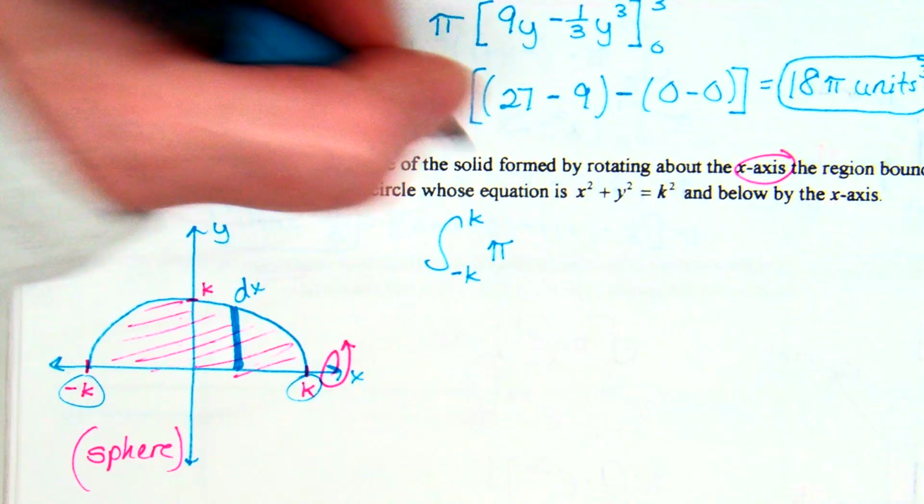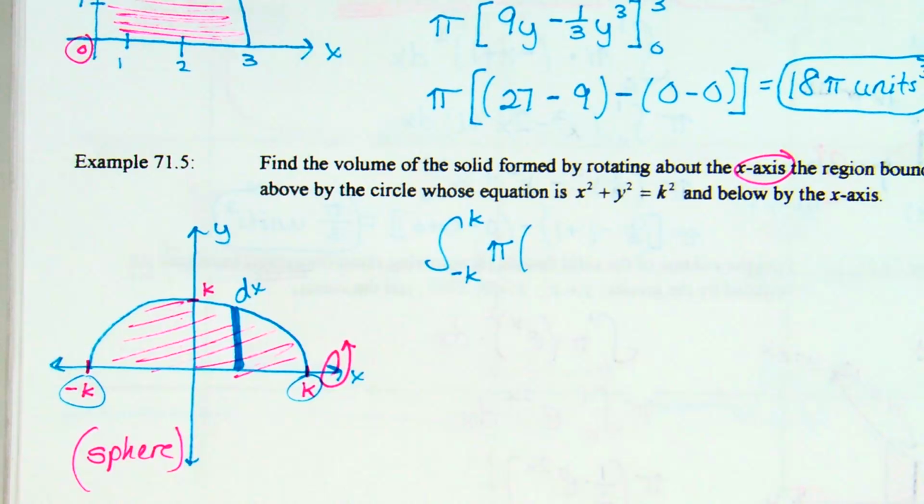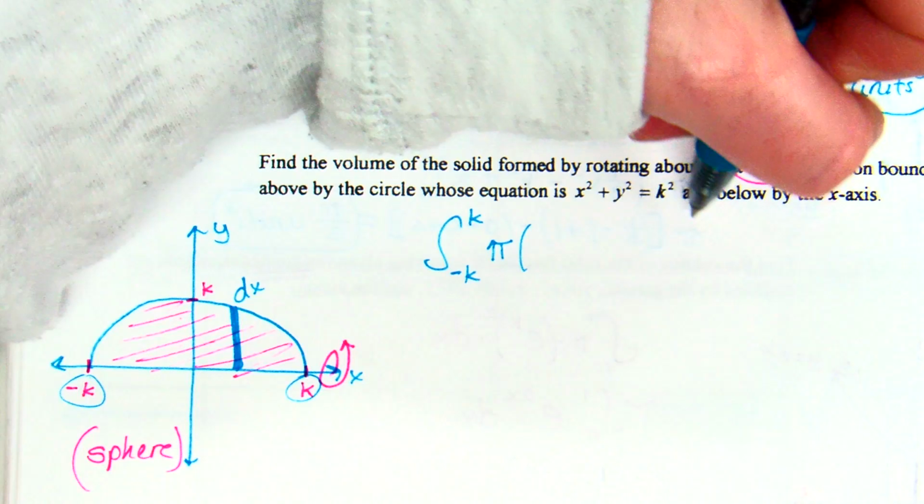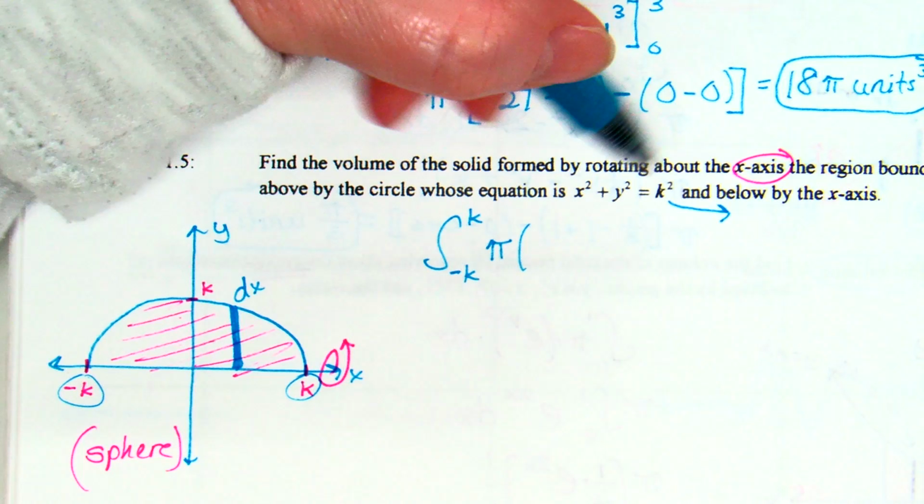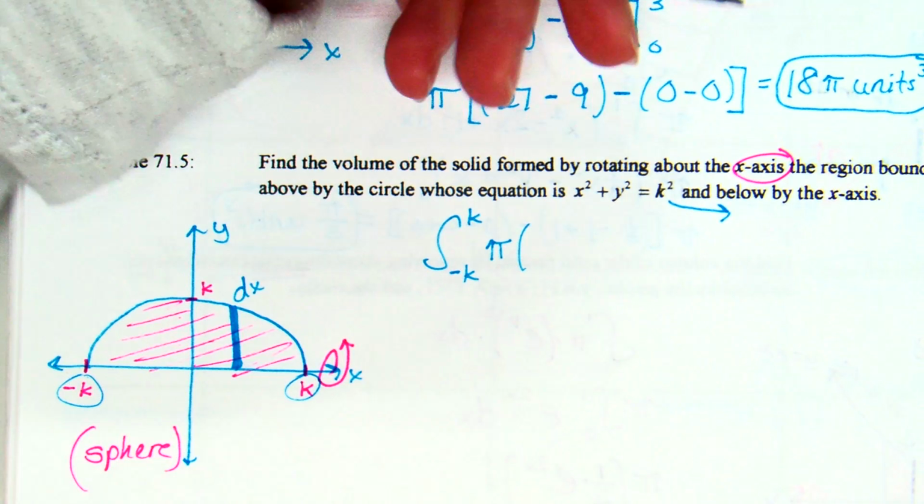What is my function? After you square, it would just be k squared minus x squared. Maybe plus or minus, but then you're squaring it, so it doesn't matter. This one we need in terms of x, so we need to solve for y. Agreed?